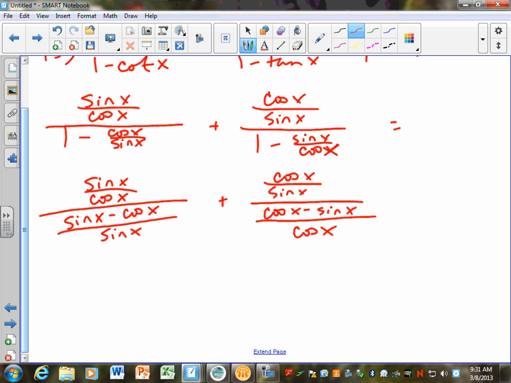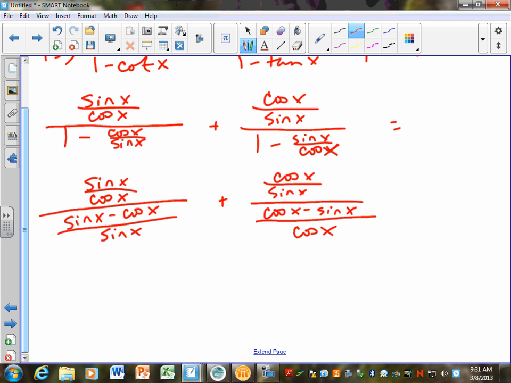The point of getting a common denominator, especially in a complex fraction, is that hopefully you can then multiply by the reciprocal. You don't want to do that when you have a bunch of addition and subtraction because you're going to get things mixed up and cancel things out that shouldn't be canceled out. But if you can write one fraction all over one fraction, then you can multiply by the reciprocal.